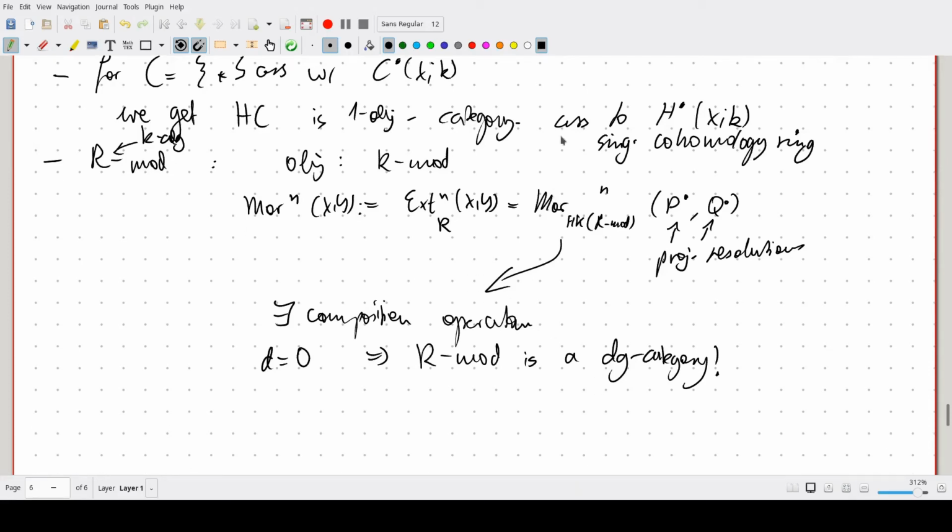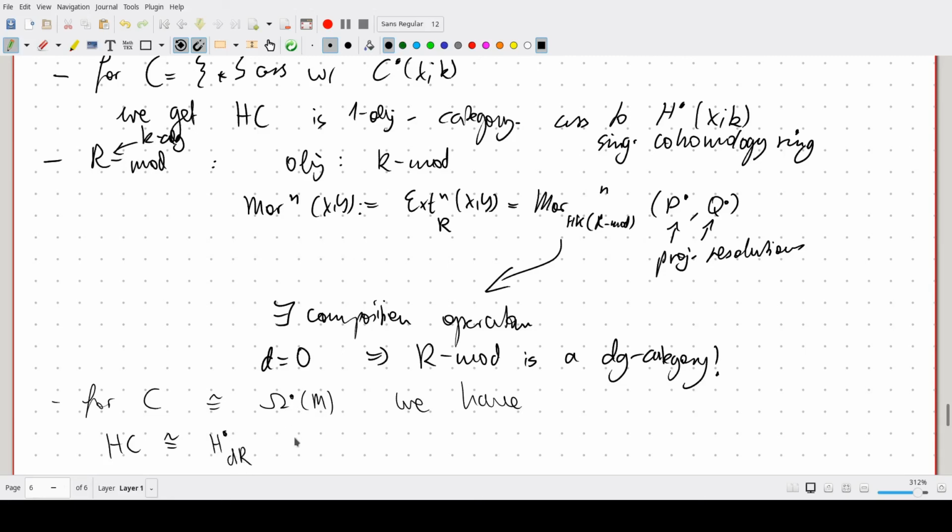And as a last important example, which is sort of similar to this one, except now we're again dealing with differential geometry. For C, the one object category associated to omega of some manifold, we have HC, well again being a one object category, associated to some DG algebra, and that DG algebra now turns out to be the de Rham cohomology algebra.